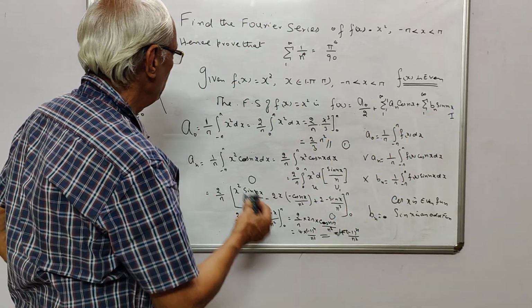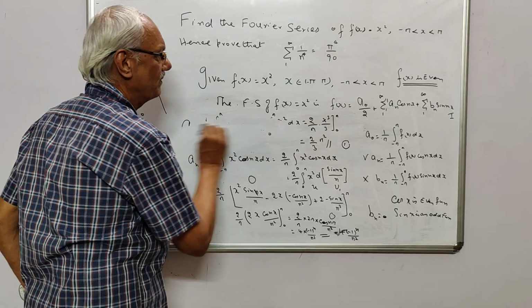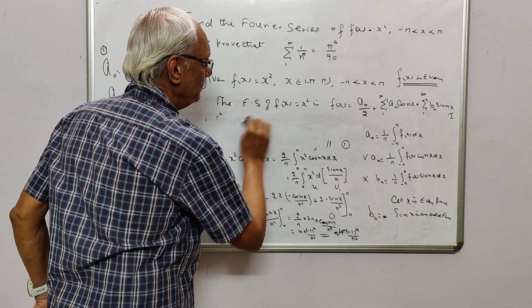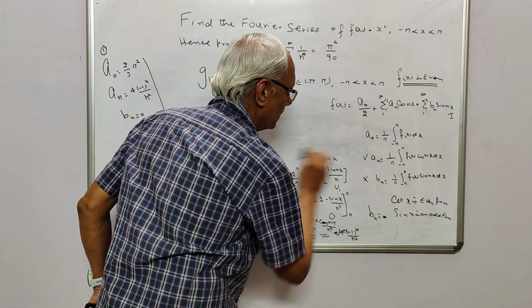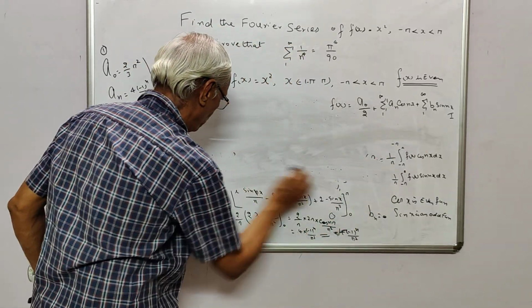Now I'll write everything now. Therefore the Fourier series is given by, I'll rub off everything because we don't need this.